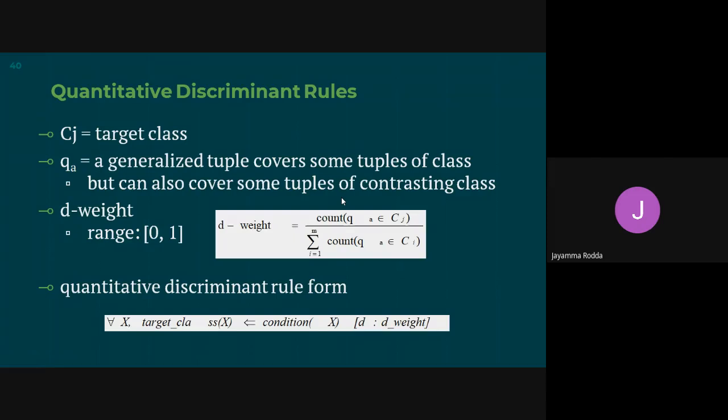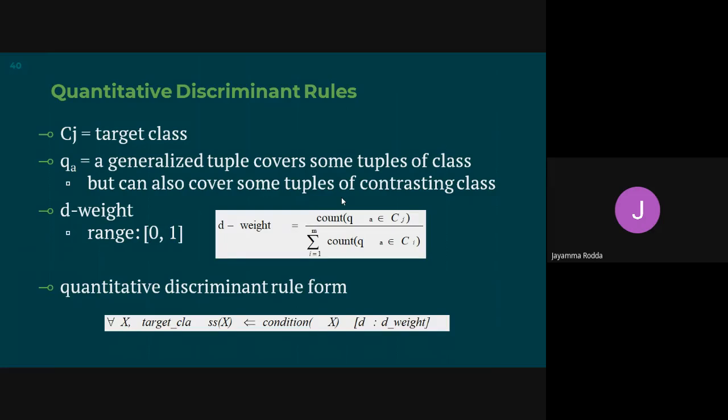Next, the D weight for QA is the ratio of the number of tuples from the initial target class working relation that are covered by QA to the total number of tuples in both the initial target class and the contrasting class.